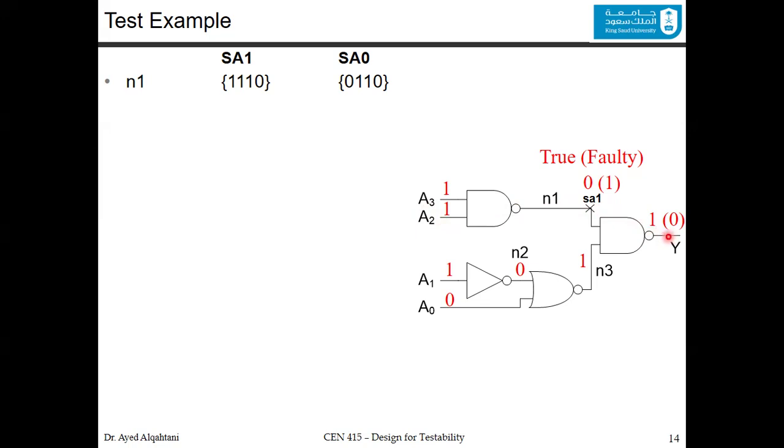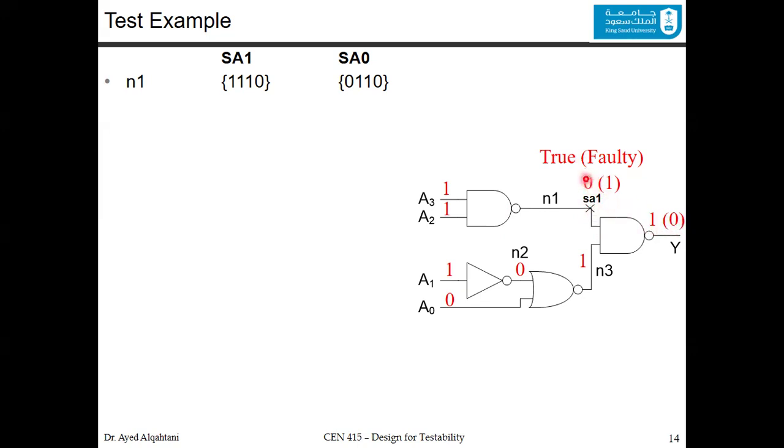You will observe the output. If the output is 1, there is no fault here. If the output is 0, then there might be a fault here, which is stuck at 1. Okay, I don't remember if I talked about this.